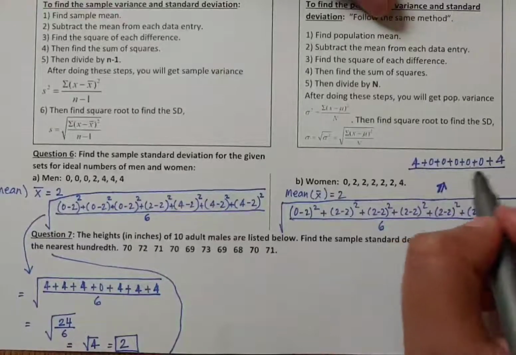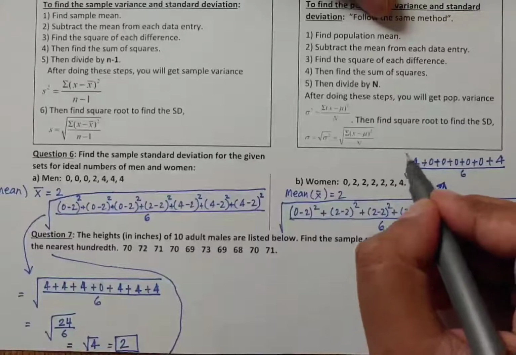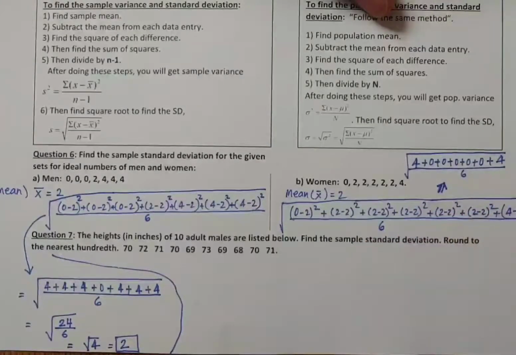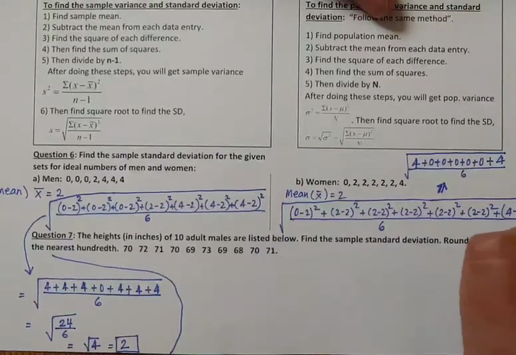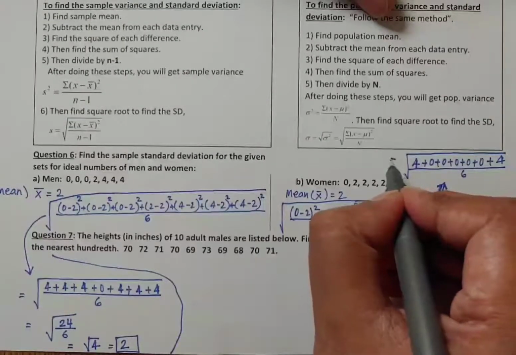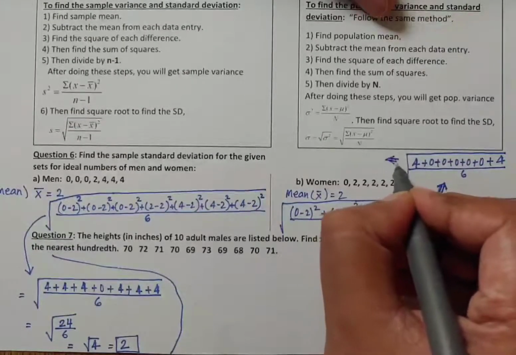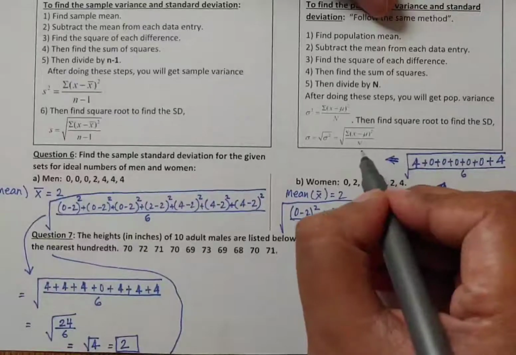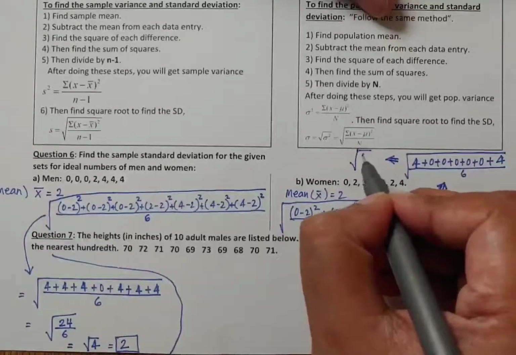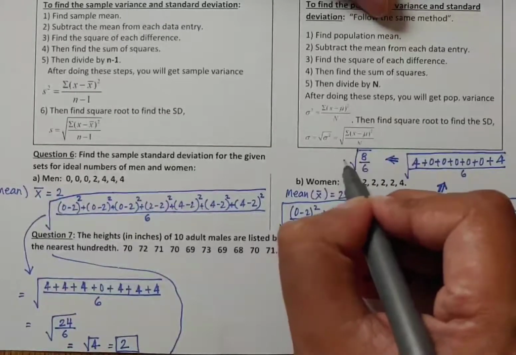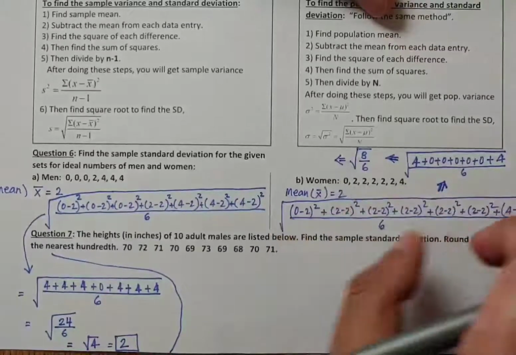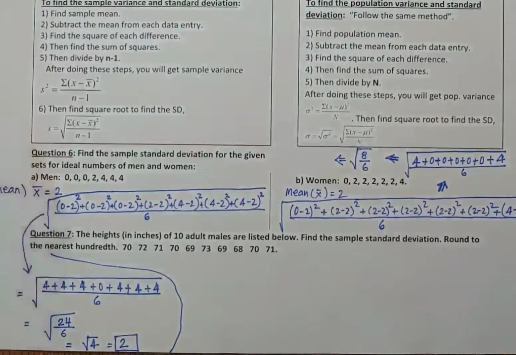divided by 6, square root, and then I have square root of 8 divided by 6.